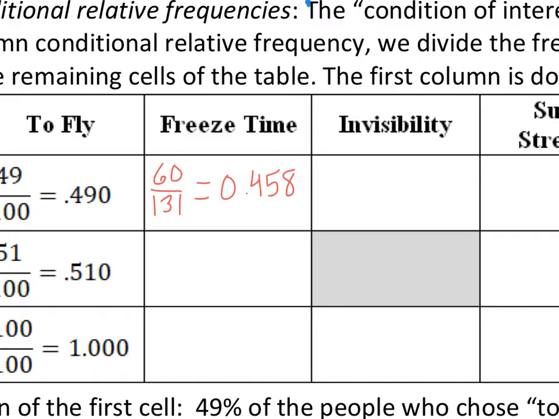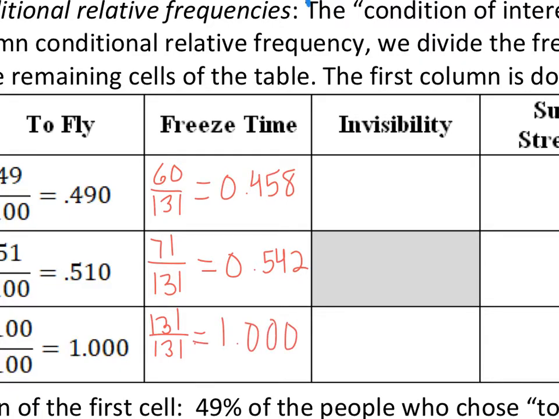For males, we have 71 out of that 131, which would be 0.542. And our total, of course, is 131 out of 131, which will be 1.000. Go ahead and fill in the rest of this chart using the column totals.